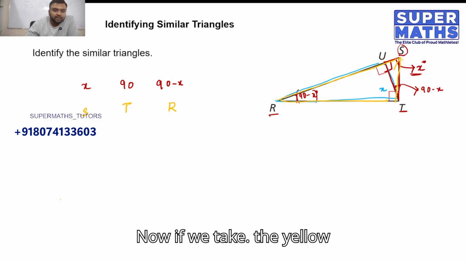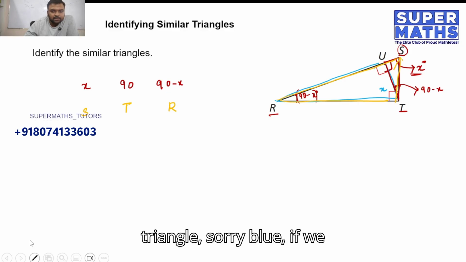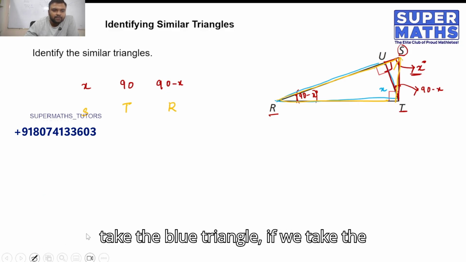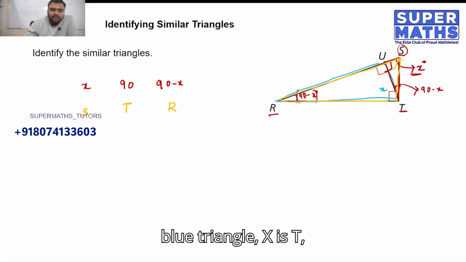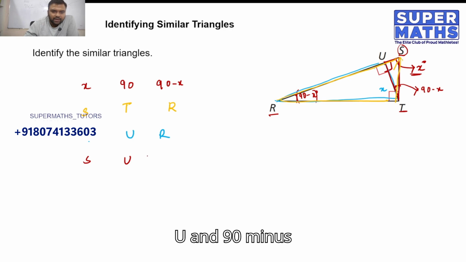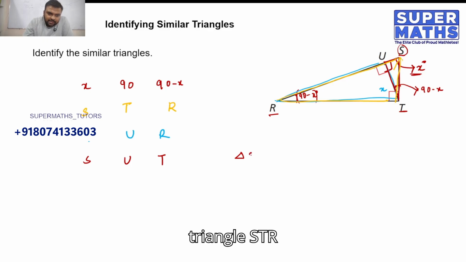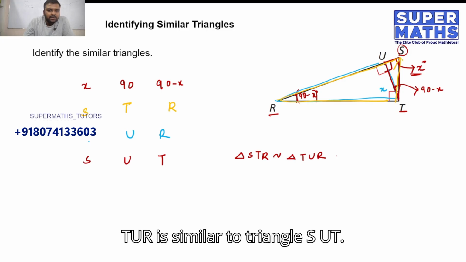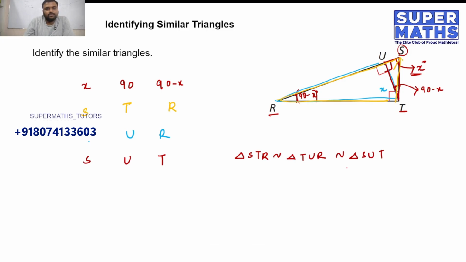Now if we take the blue triangle, X is T, 90 degrees is U, R is 90 minus X. If we take the brown triangle, X is S, 90 degrees is U, and 90 minus X is T. So triangle STR is similar to triangle TUR is similar to triangle SUT.